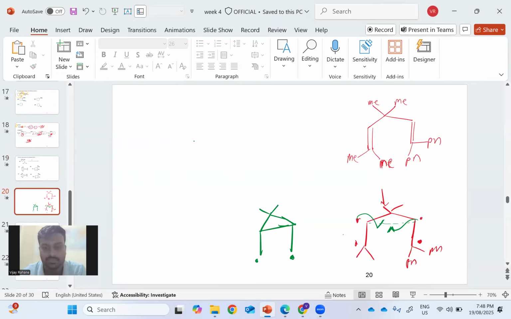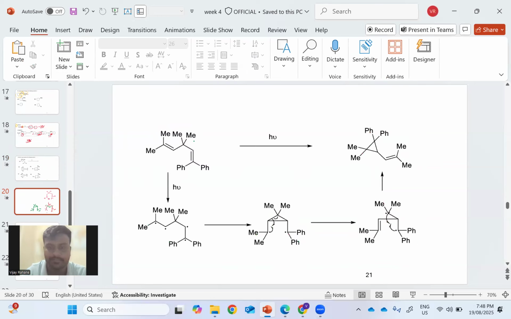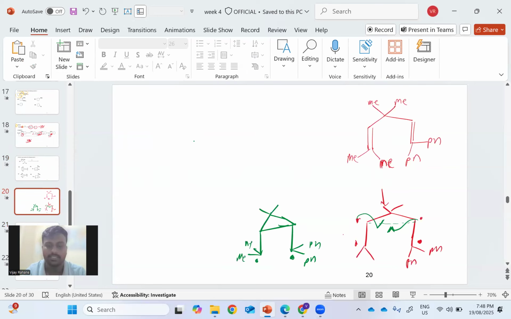The remaining groups will be the same, unchanged: Ph, Ph, this is methyl, this is methyl. And then again, this radical is the stable one.